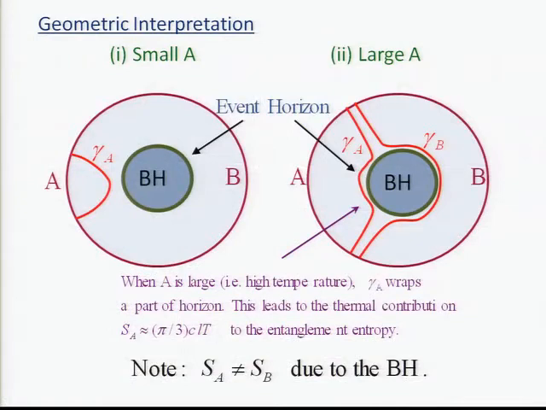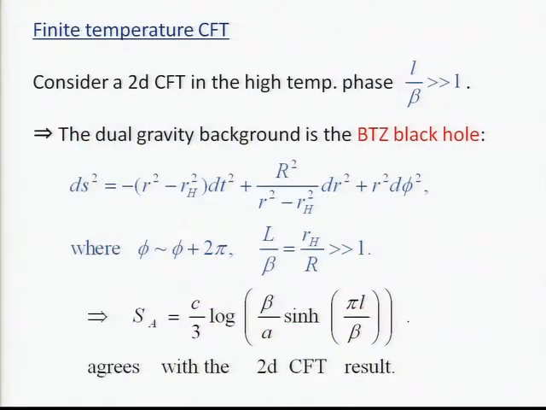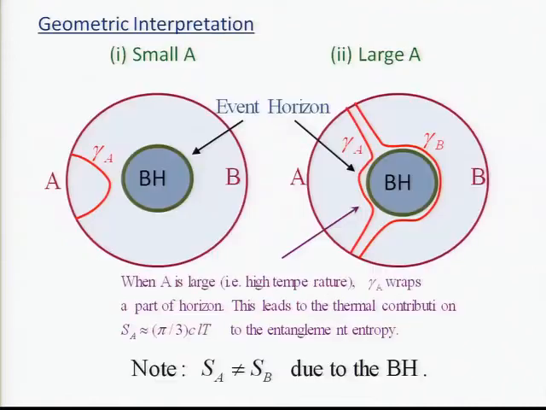So this formula computes this length. You can see that if we take the high temperature limit, beta goes to 0, then this is exponentially divergent. From there, we have some exponential, and we take the log, so we have a linear term in l. Linear in l means extensive, and this is precisely the contribution where the minimal surface wraps the horizon.